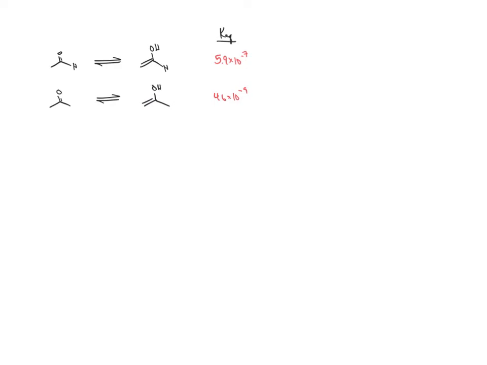So this tells us that the aldehyde is roughly 100 times more likely to form the enol than the acetone is. All right, and so in this particular instance, aldehydes, as we know, are more electron deficient, more electron deficient than ketones. So more enol is formed.